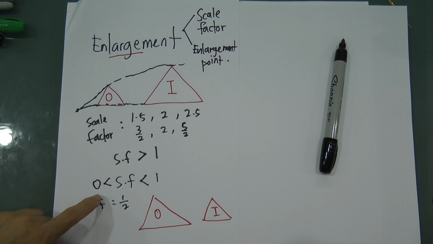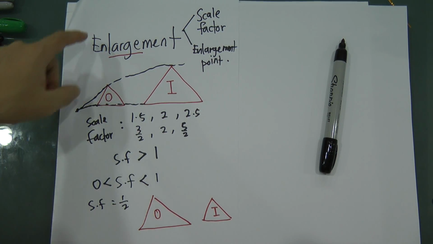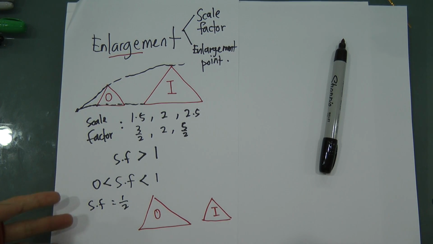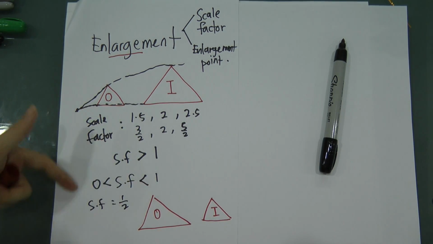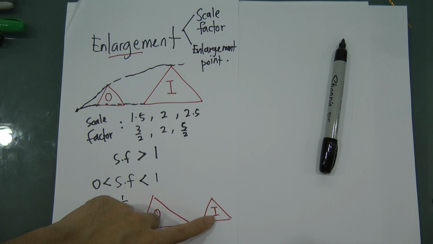If the scale factor is between 0 and 1, the image actually becomes smaller. A lot of students are confused: you say enlargement, how can the image be smaller than the object? But this is the rule, this is the way they do enlargement. So whenever you see the scale factor is between 0 and 1, you know the image becomes smaller.